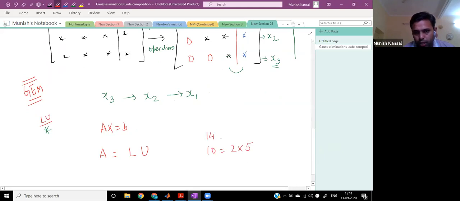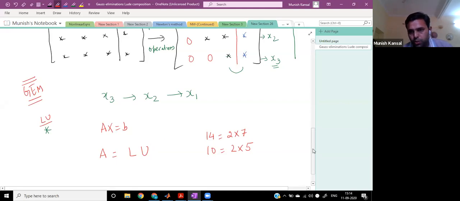Similarly, say you write down 14 as 2 into 7, right? So we can break the matrix as a product of two another matrices L and U. This is not always possible. There are some conditions, but if the matrix is satisfying those conditions, then we can break the matrix into product of two another matrices, where L is your lower triangular matrix, U is your upper triangular matrix.